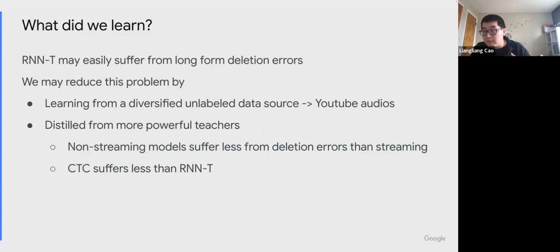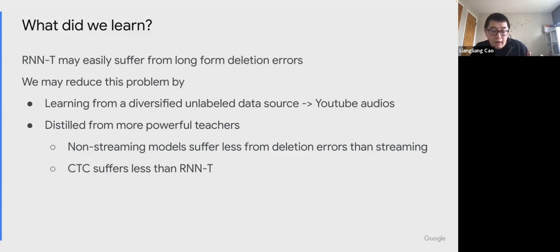So what is a streaming student? When you talk with, for example, your mobile phone, you say, I'm giving a talk, and the phone starts to generate text. If you use a Google Pixel phone, it starts to generate text while you are speaking. It won't wait until the audio is finished.